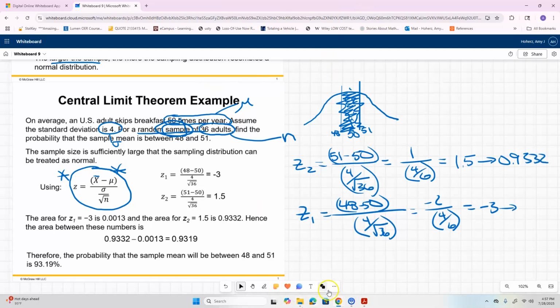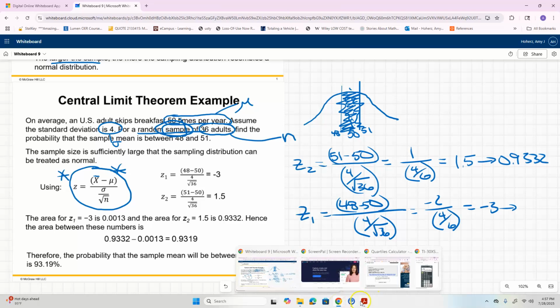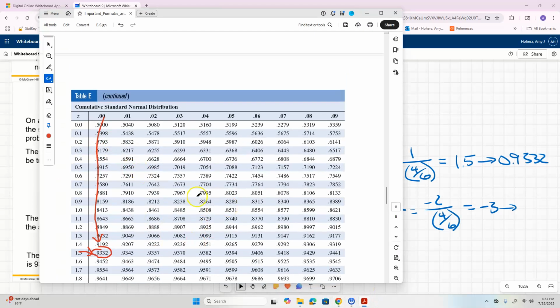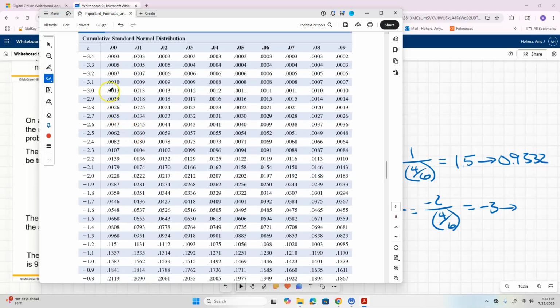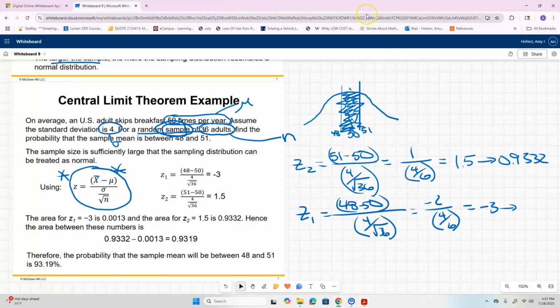And then if we look up -3, it's going to be on the other page. So -3.0 would just be right here. It'd be this 0.0013.